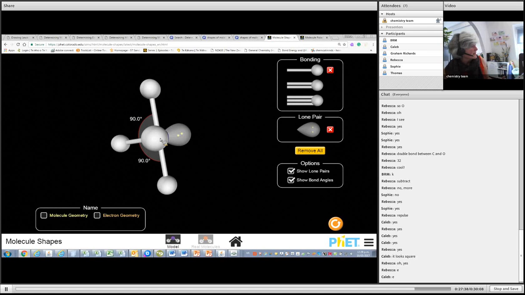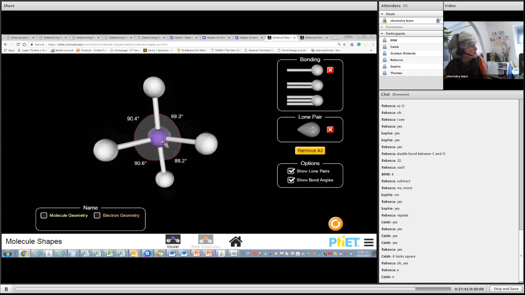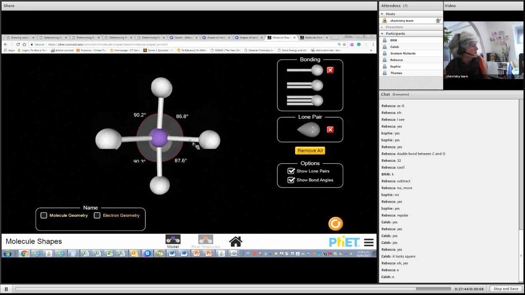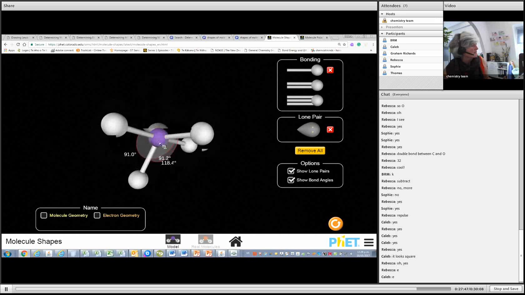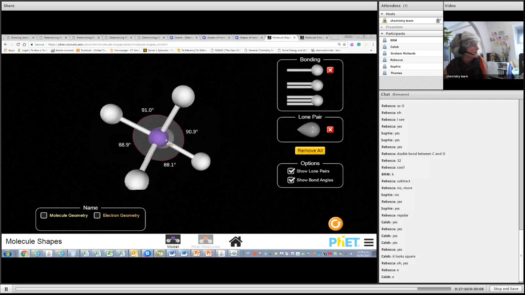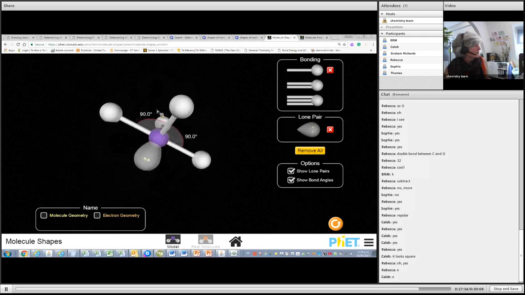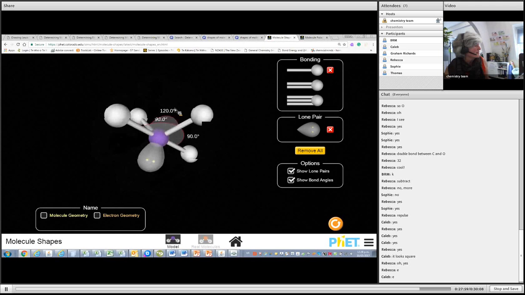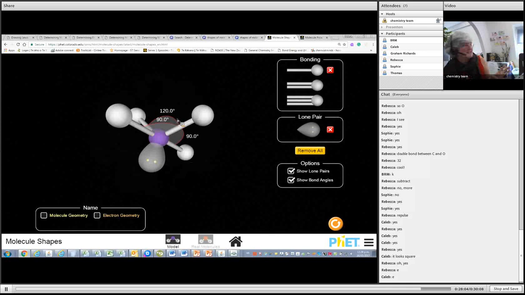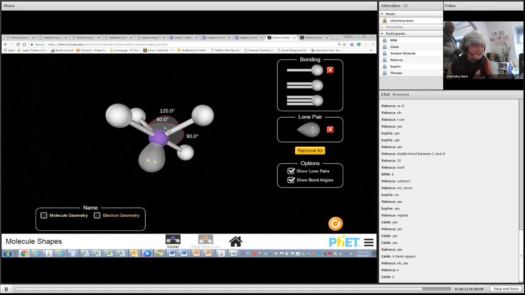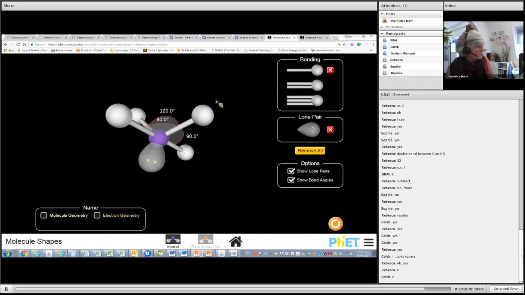Now remember the bond angle here is 90 degrees compared to the 120 degree bond angle, and it's actually not that easy to show. Can you see the 120 there? If you're in the equatorial plane, you see it as 120 degrees. So play with that and make sure you can carefully see where those lone pairs of electrons are going to go in.